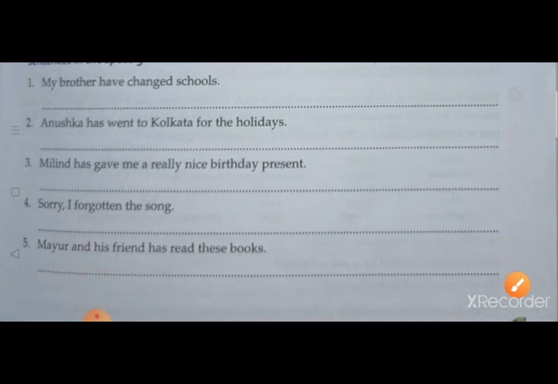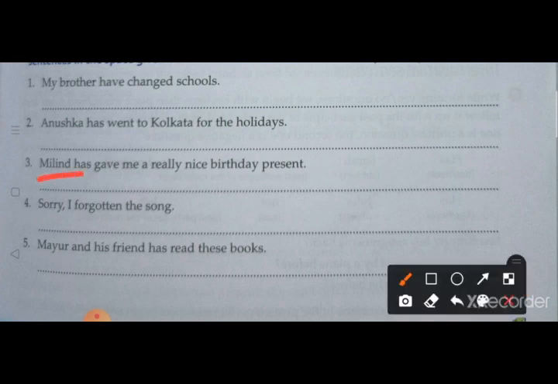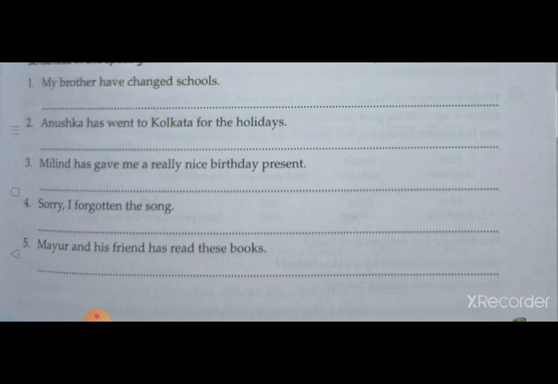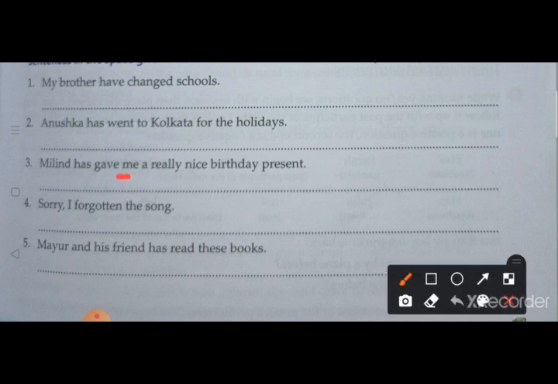Let's see next one. Milind has gave me a really nice birthday present. Here Milind represents third person singular. Along with it they have used has, which is right. और जो verb है वो है हमारा gave. Now what do you think? What would be the past participle of the verb give?